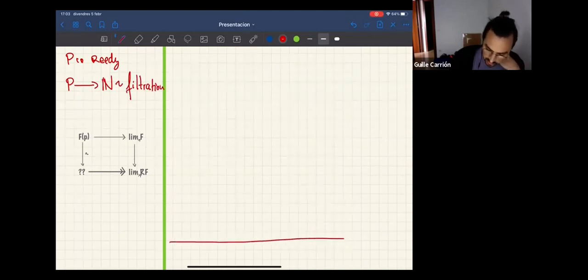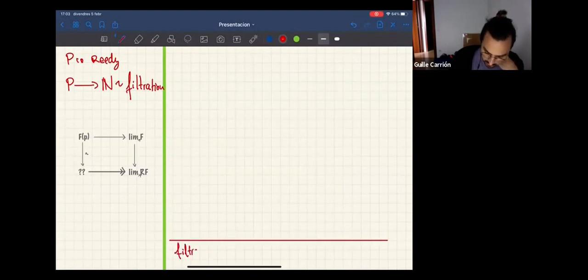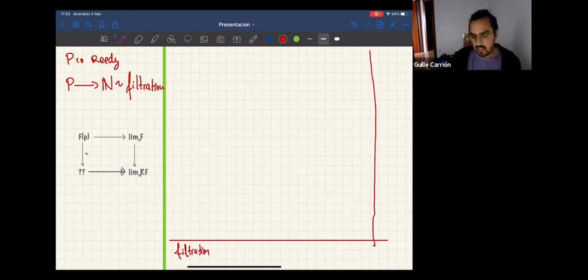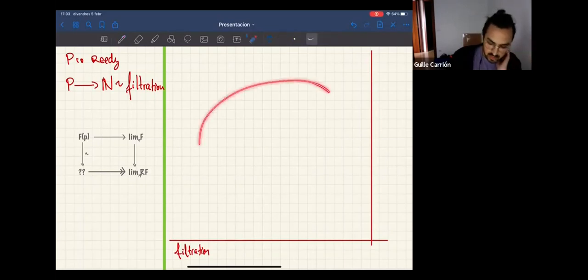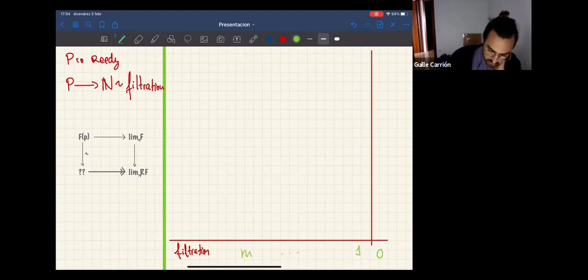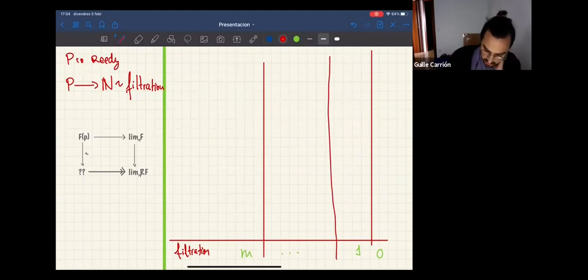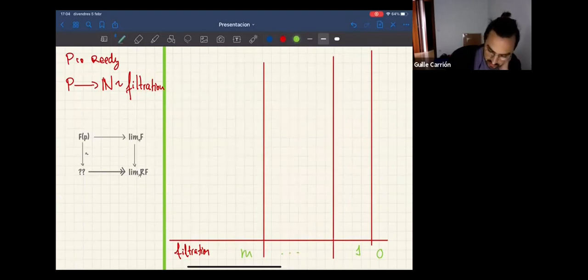So here is the filtration, and imagine that in this part we have our diagram. Then there is an object in degree 0, also in degree 1, and in degree n. And we can imagine that the matching object is in these bars because it's like an intermediate object.